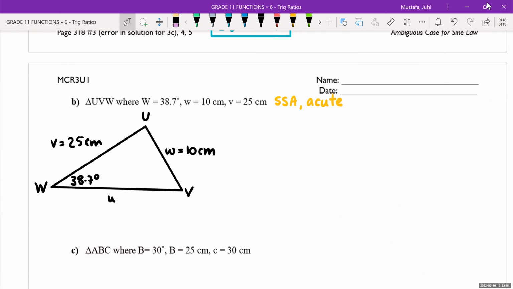So yeah. Okay, so we're going to begin by first calculating h. So let's go ahead and do that. Make a dashed line from the vertex down and label this h. This is going to be sine 38.7 is equal to h over 25.